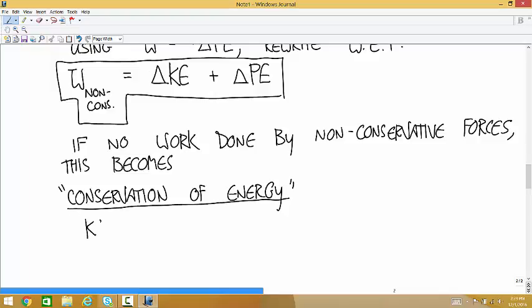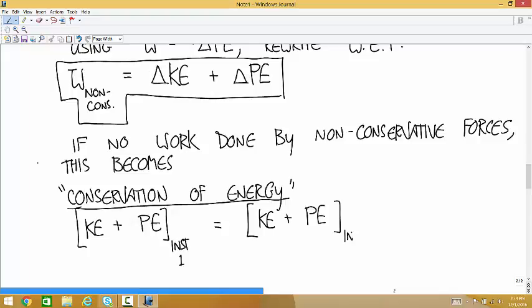The kinetic energy plus the potential energy at instant 1 is equal to the kinetic energy plus the potential energy at instant 2. This is the one that we're going to use.